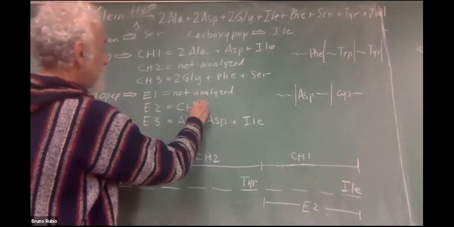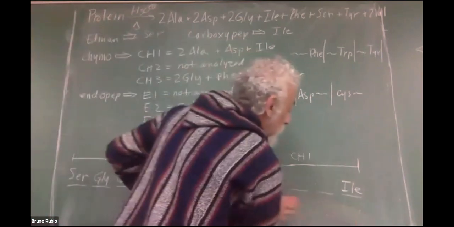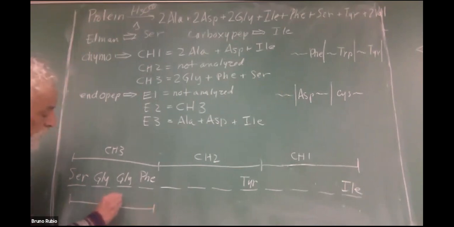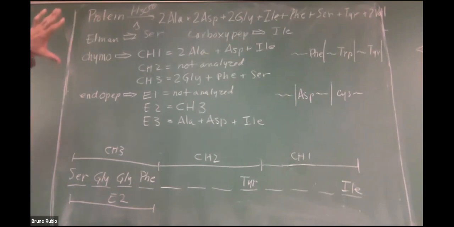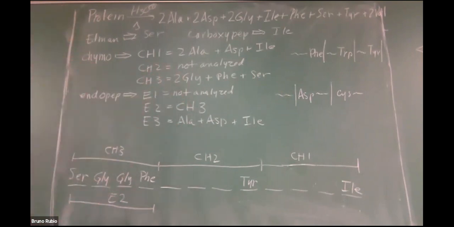E2 is the same as CH3. Sorry about that. I just wrote down the wrong number. So E2 is the same as CH3, so E2 is there. Okay, so I think now we're back on track. I just wrote down the wrong number here. It's supposed to be the same as CH3.